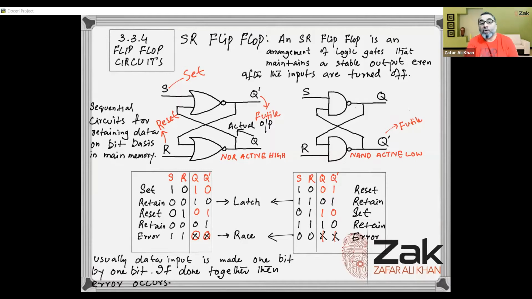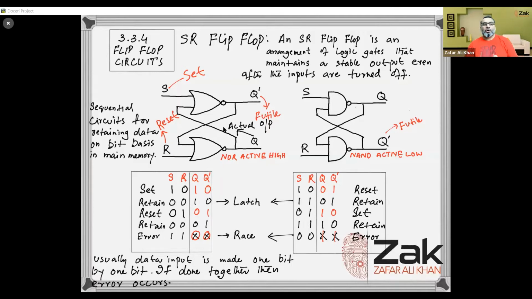Now, what is the use? The use is, first and foremost, to actually retain the data. As you can see, that data is then incarcerated, jailed inside the circuit. What goes out comes back in. So data enters and then comes back, then enters, then comes back, then enters and then comes back.